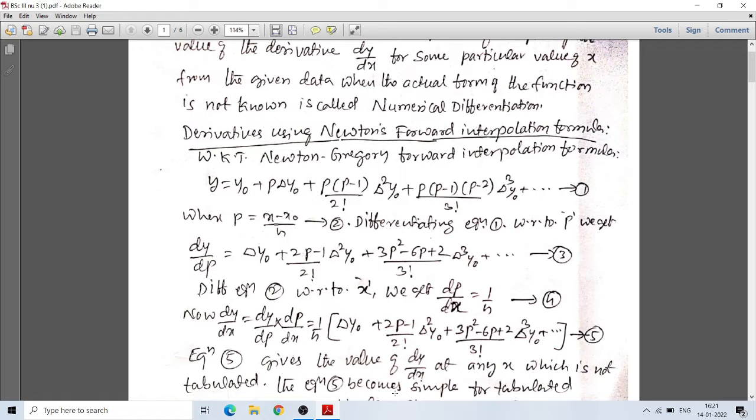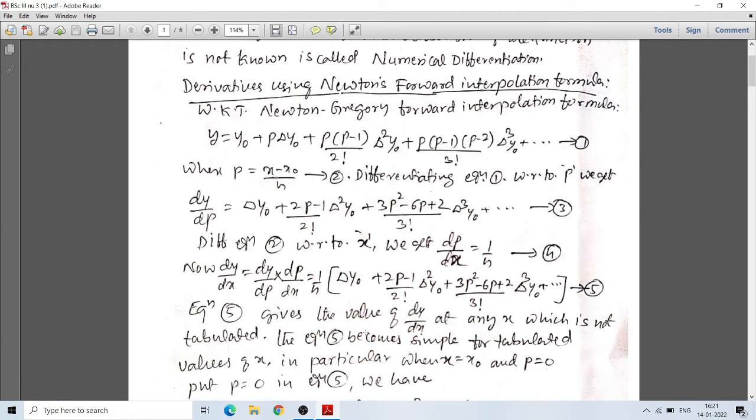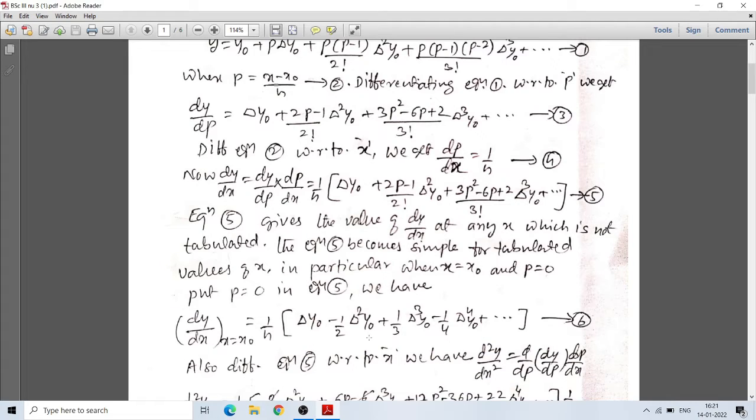Equation 5 becomes simple for tabulated values of x. In particular, when x is equal to x naught, p is equal to 0. Put p equal to 0 in equation 5 on the right hand side.